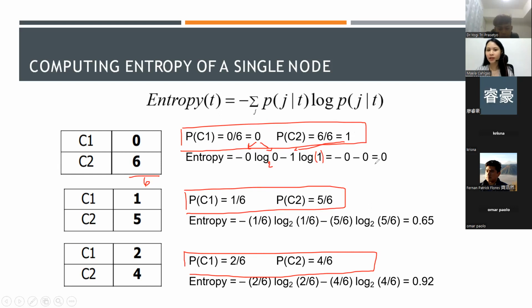Similar to the concept of Gini index, if we have at least one 0 in our classes, then that means we'll also be having 0 value in our impurity index. And then for the second part, we just have to apply the same formula. So negative 1 over 6 log of 1 over 6 base 2, minus 5 over 6 log of 5 over 6 base 2. And so is the rest.